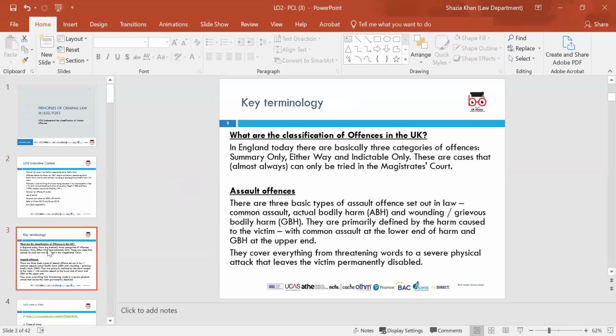Key terminology: what are the classifications of offences in the UK? You have a variety of offences ranging from common assault up to murder, and it encompasses the use of weapons such as firearms, knives, corrosive substances. Murder and manslaughter are crimes where one person unlawfully kills another, and both are described as homicide.